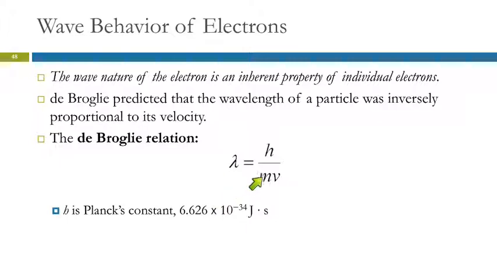But there's a relationship between the velocity and the wavelength. The wavelength is equal to Planck's constant divided by the mass of the electron times its velocity. Now, that looks an awful lot like nu, but that is v for velocity. Very confusing. And here's Planck's constant again. You don't need to memorize that. I'll give that to you. So we can calculate the wavelength of the electrons from their velocity or vice versa.